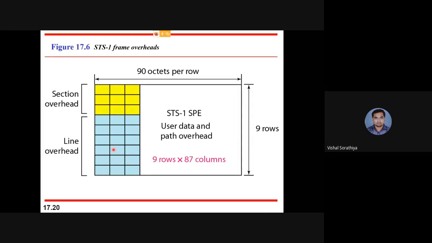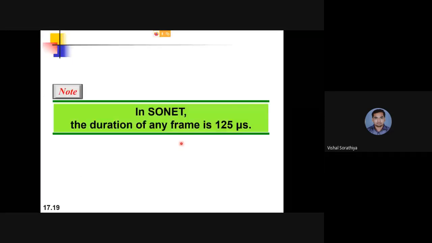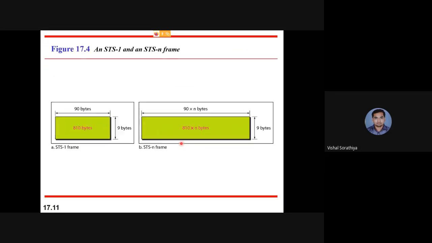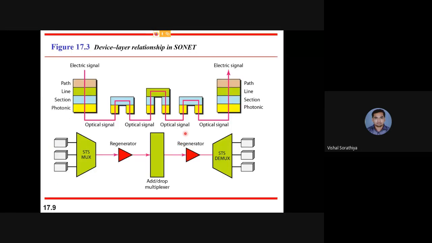So from this one, you can directly identify the section overhead and the line overhead. From the previous diagram, you can come over here. A section overhead means whatever data is available in that section is going to be changed at every regenerator.